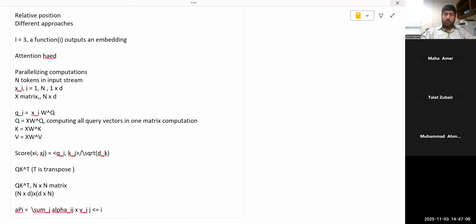Because we are talking about a language model where we have a word here, j.